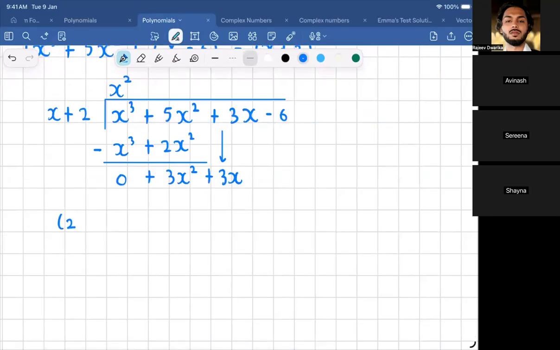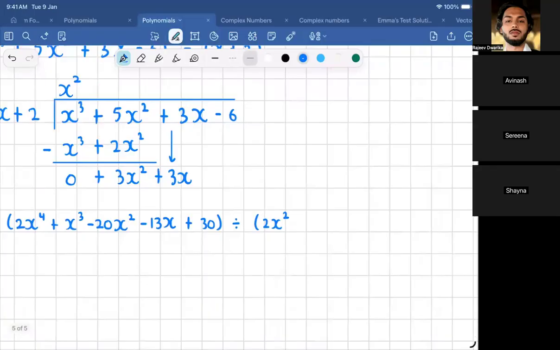Try 2x to the power 4 plus x cubed minus 20x squared minus 13x plus 30, divided by 2x squared minus x minus 15.